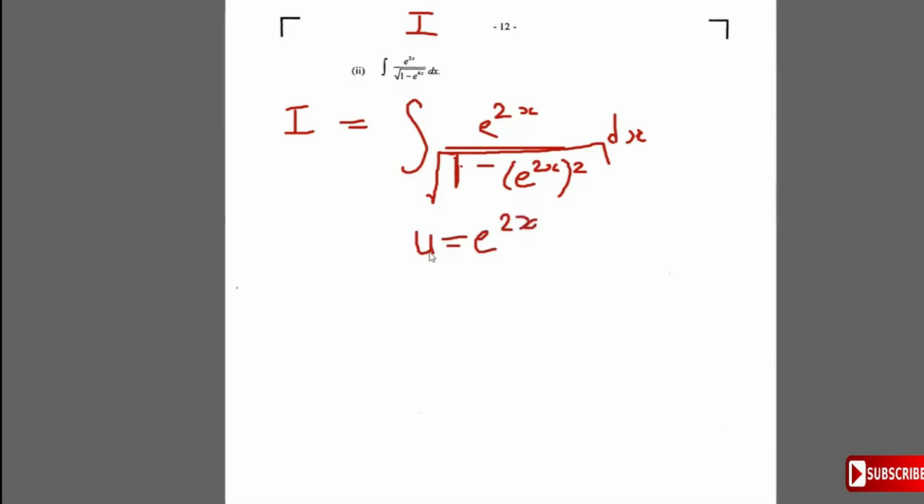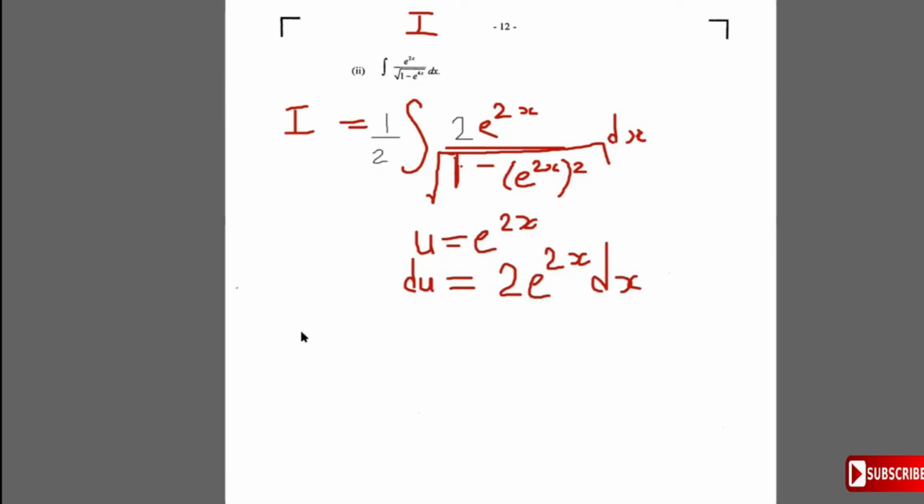If I substitute u as e to the 2x, then my du is going to be, when I differentiate e to the 2x, 2 times e to the 2x dx. So looking at the question above, I need to put a 2 right here, and so I put a half on the outside.